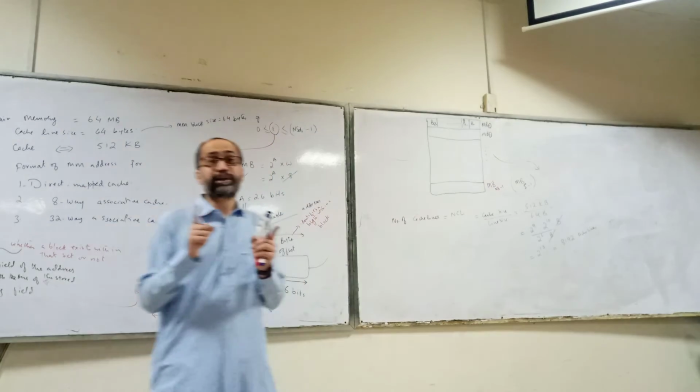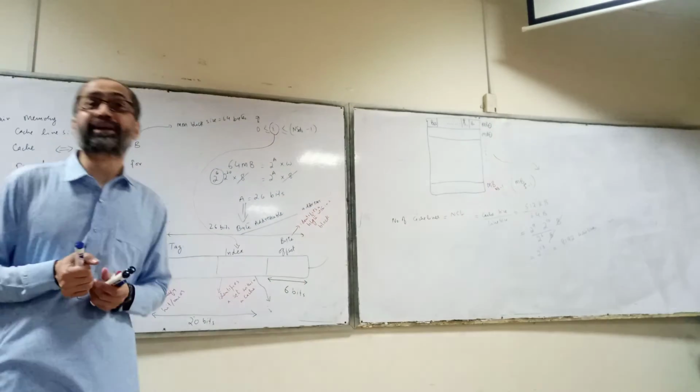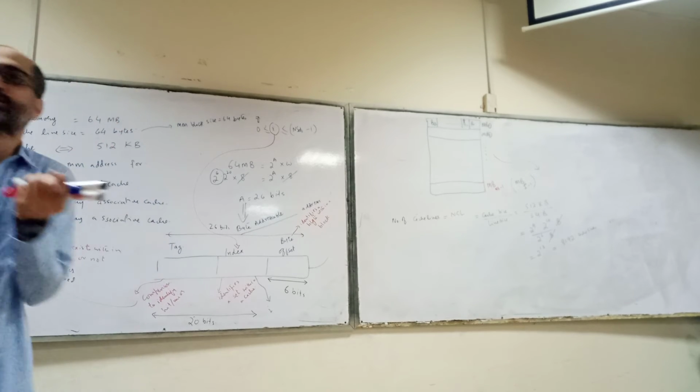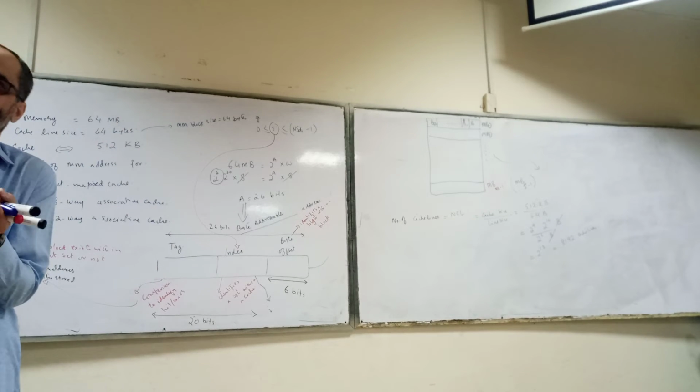Now if you look at the direct map cache, how many sets will be in it? 2 to the power 13, because it stores one line per set.